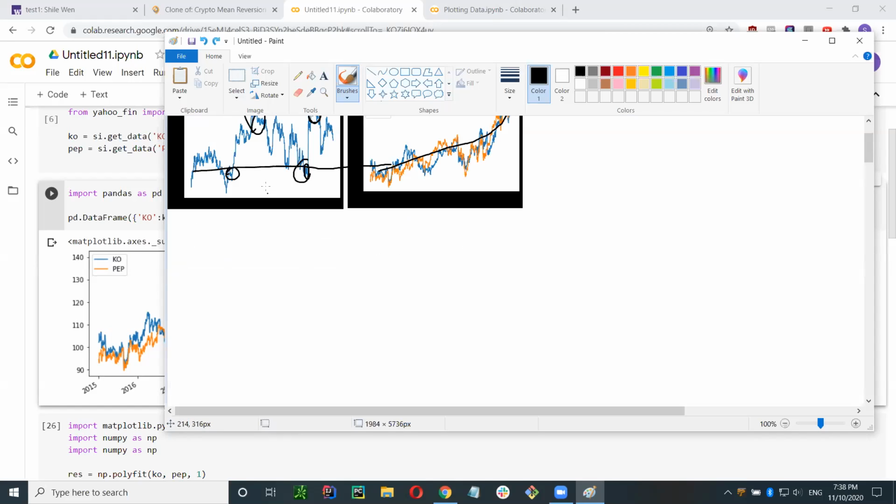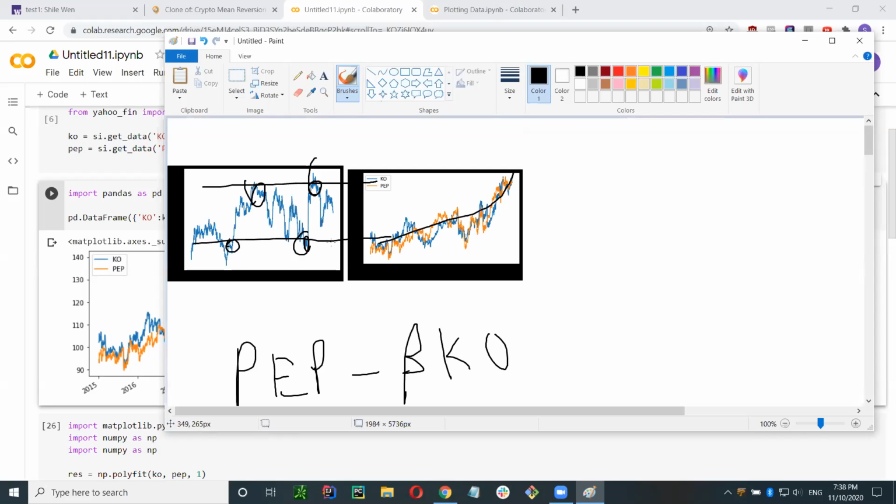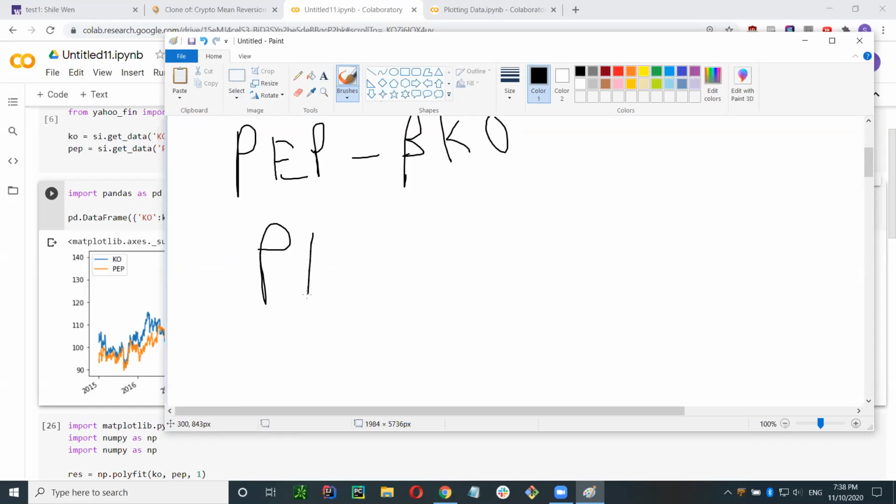So what does this portfolio look like? It looked like PEP minus the beta for KO. And what is this beta here?